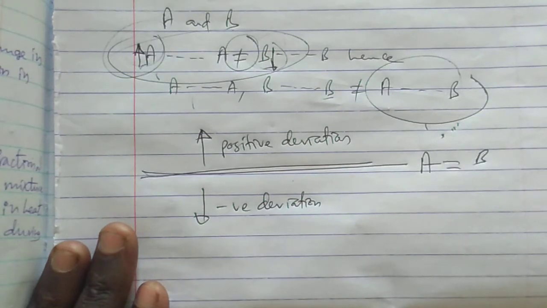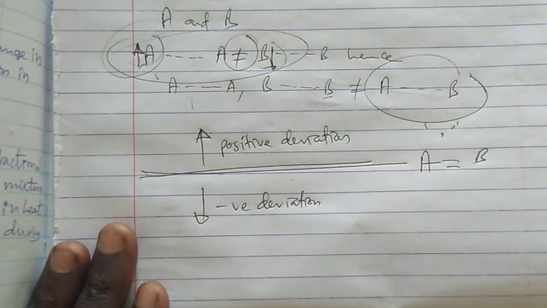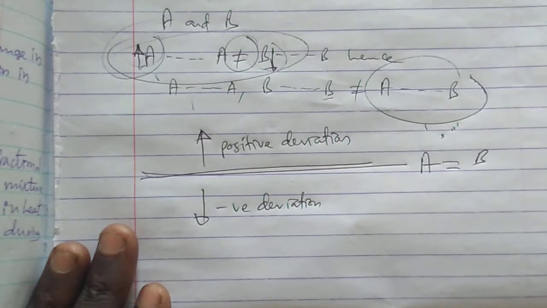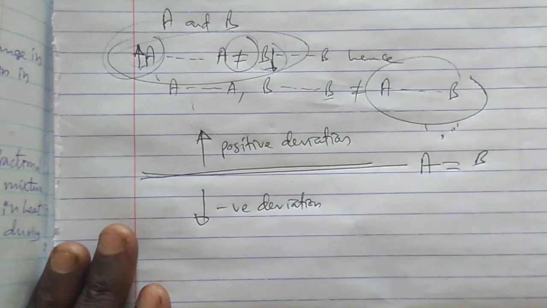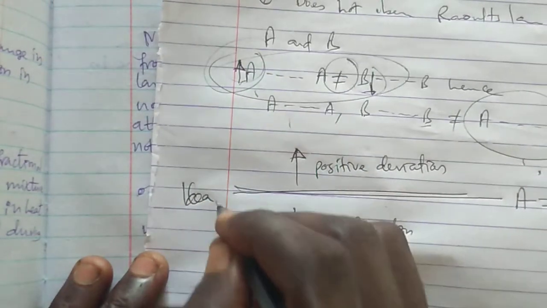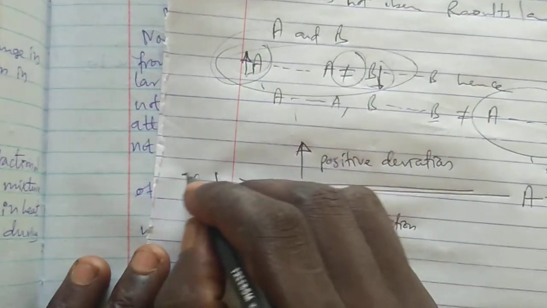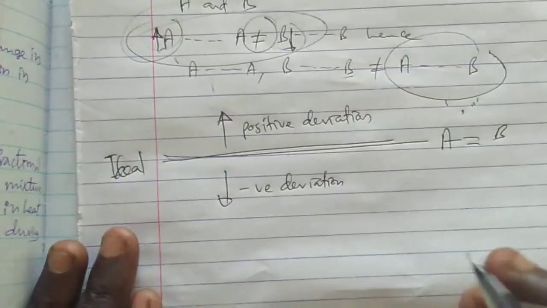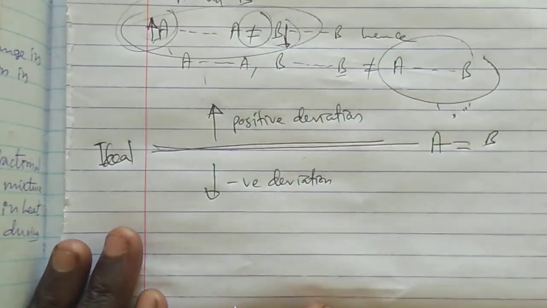Now, deviation is due to the partial vapor pressure developed above the solution. If the partial vapor pressure developed above the solution is higher compared to that of the ideal, then this solution has positive deviation.